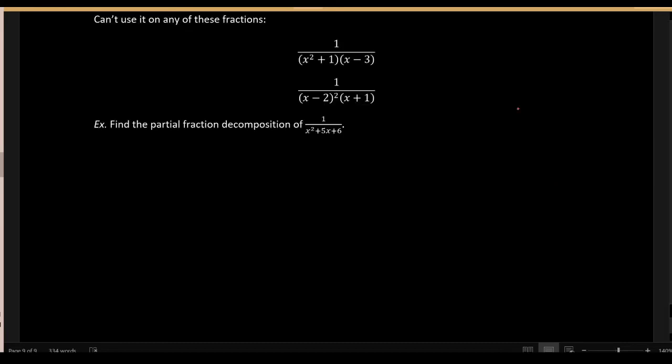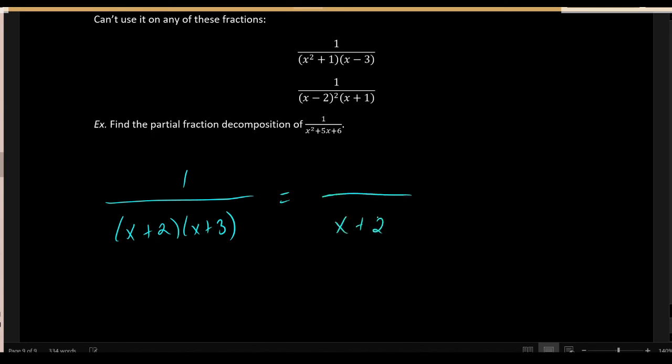Where can this be used? Let's try and find the partial fraction decomposition of 1 over x squared plus 5x plus 6. So to begin with, let's factor the denominator. x squared plus 5x plus 6 splits as (x plus 2)(x plus 3). And we're trying to split it as a over x plus 2 plus b over x plus 3.